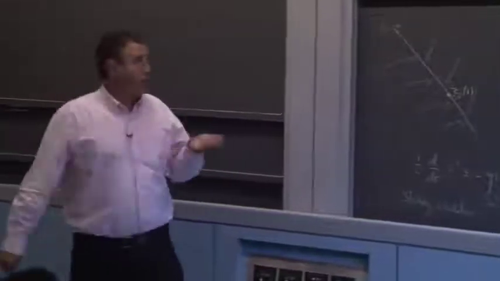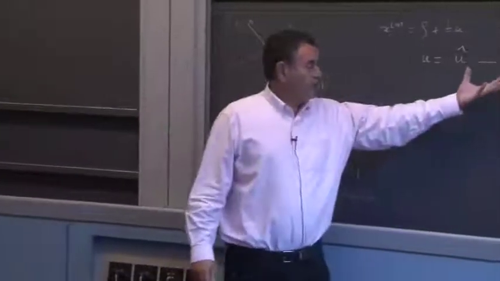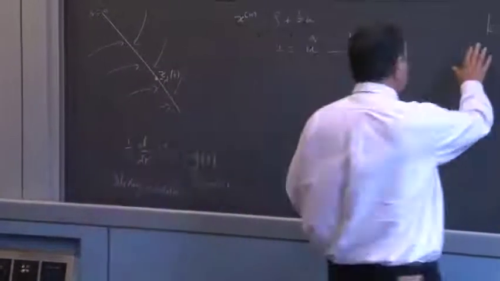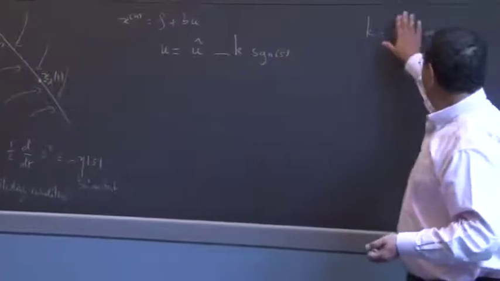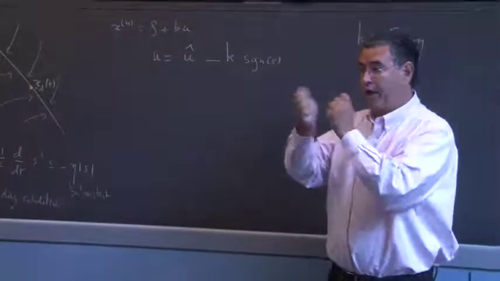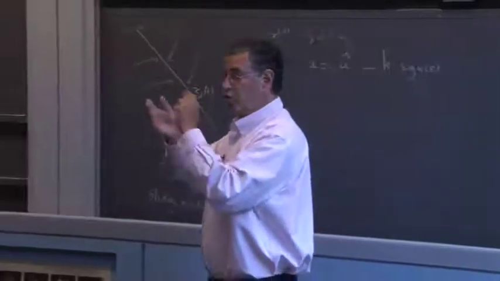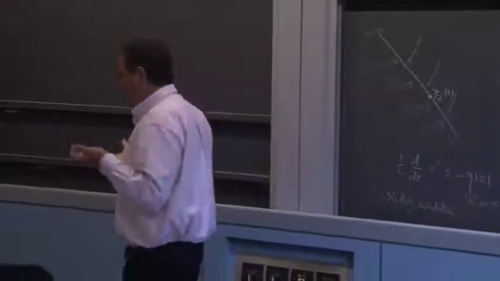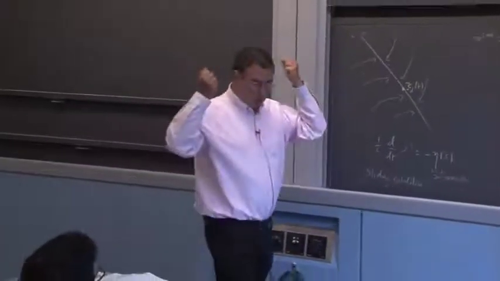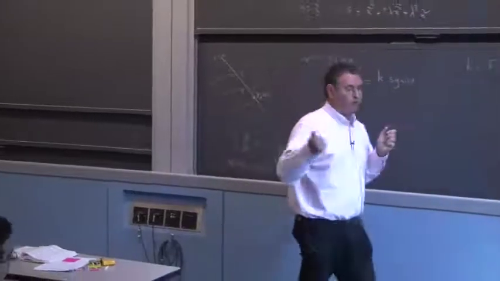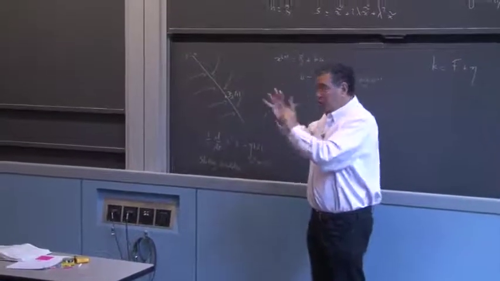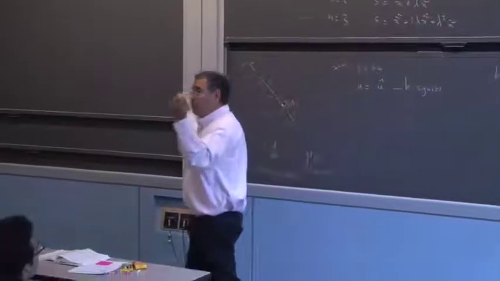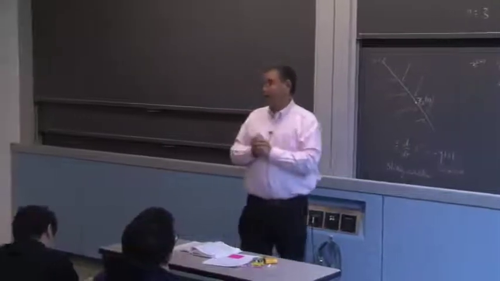This term k sign of s pushes you back towards the surface. Because it verifies this property, it's always large enough to overpower any error due to the discrepancy between f hat and f. It was always the same principle: you have one term which has the right sign, and in absolute value is bigger than anything else, and so the overall result also has the right sign.